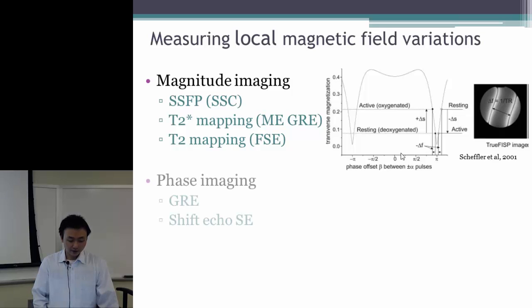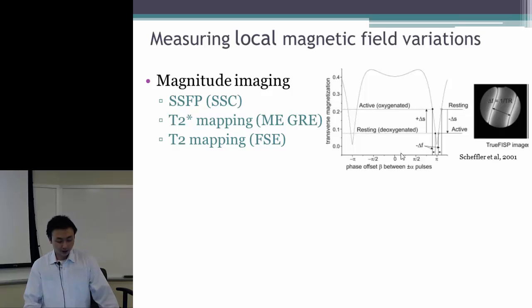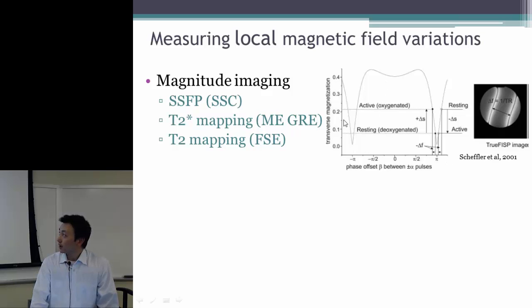There are also other methods to measure the local magnetic field variations. There are magnitude imaging methods that can measure the field variations. If we remember the steady state free precession signal profile, we remember that once every 2 pi of this phase offset, we will be observing a signal stop band.